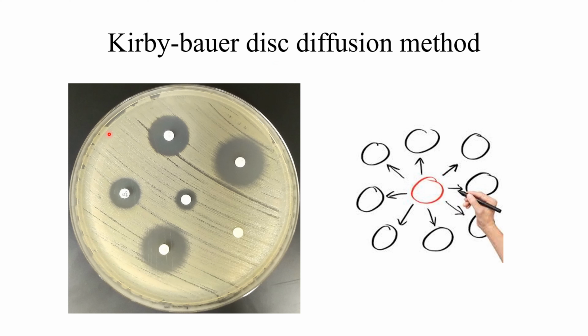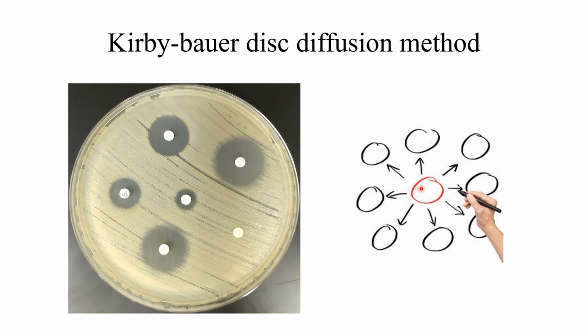So this is called the disk diffusion method. Why is it called the disk diffusion method? The disk is coated with a known concentration of antibiotics, and from the disk the antibiotics will diffuse into the medium.